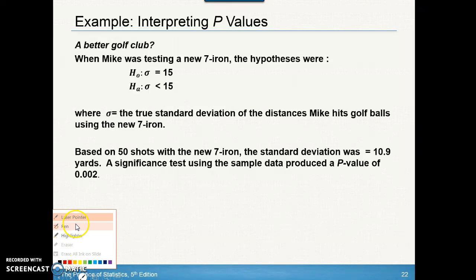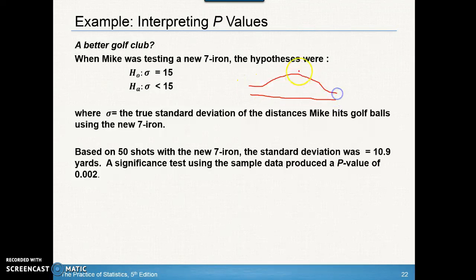I want you to get a picture of what this is. Assuming the null is true, we're looking at a normal curve and assuming that the standard deviation is 15, the standard deviation of the distances that Mike hits his golf balls with the new 7-iron. He gets 10.9 as his sample. What this is asking is: is this far enough away to say, wait a second, your null is not true?